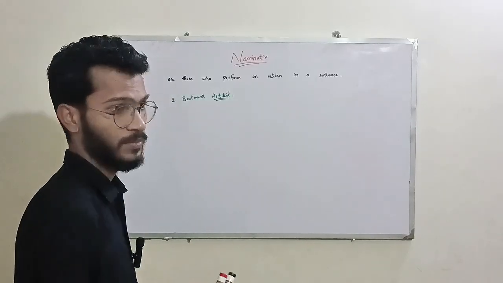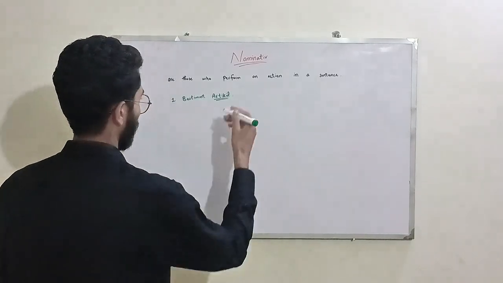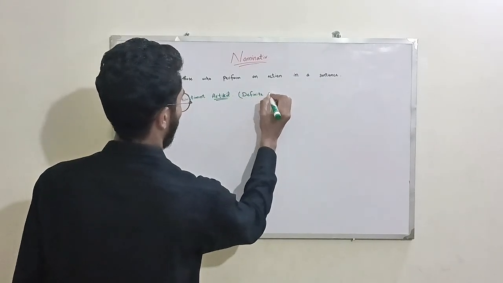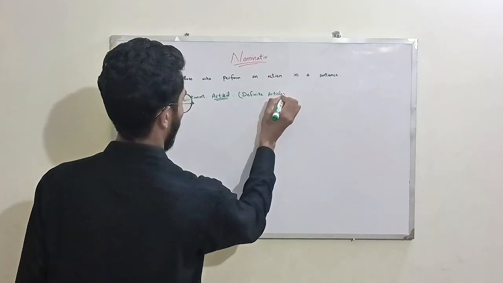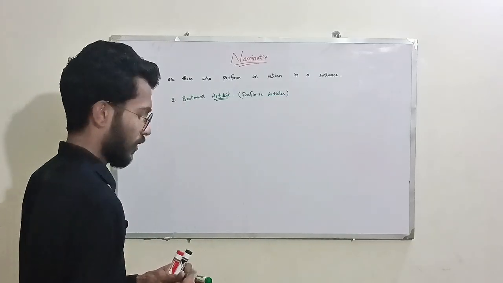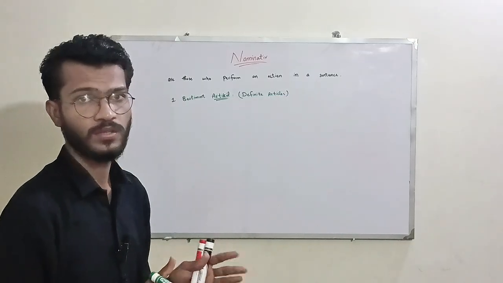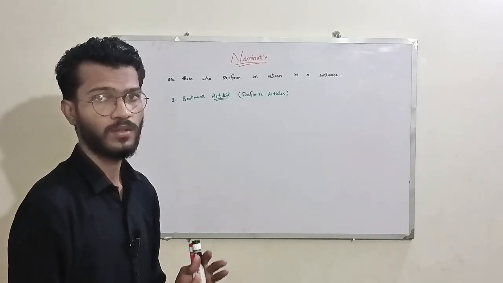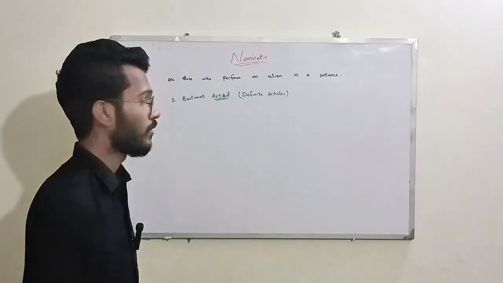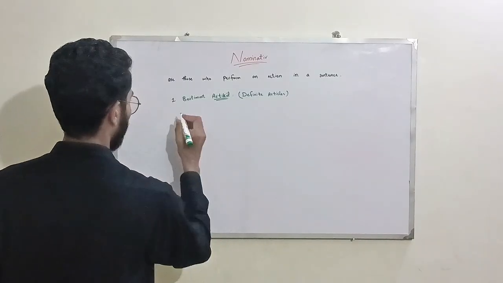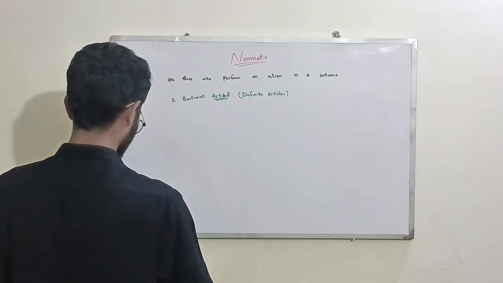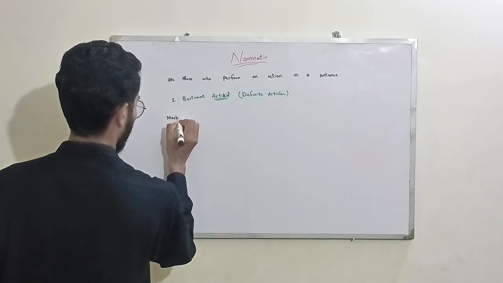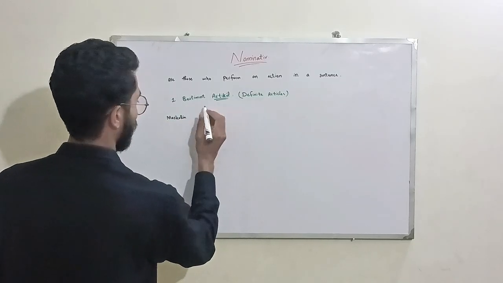In English, distinct articles are definite articles. In English, we use the article the, but in German, we use articles according to their genders. For masculine, we use the article.